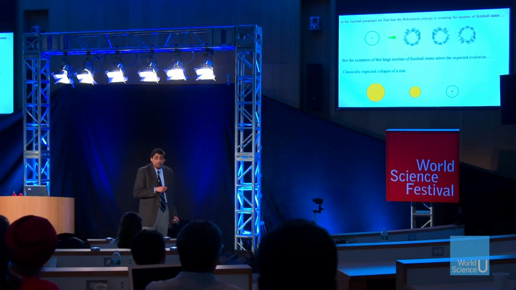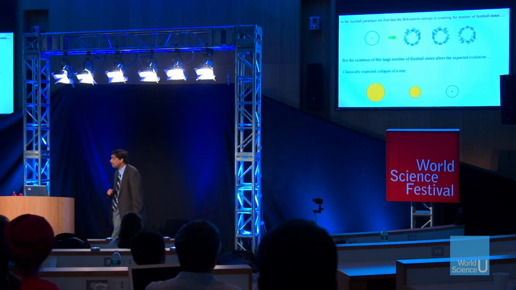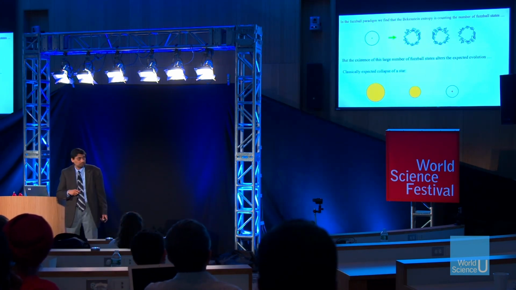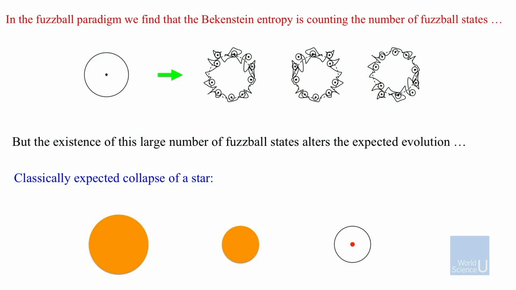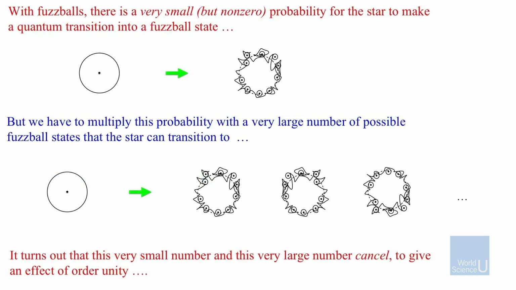And now let's see if we can try to answer our question, why did the black hole change so radically? So if you have just classical physics, you have a star, it shrinks under its gravity, it goes to a point. We've done that before. Why should that change? Well, you take this particular star, and as the star is collapsing, there's a small quantum mechanical fluctuation possible where it changes into the state of a fuzzball.